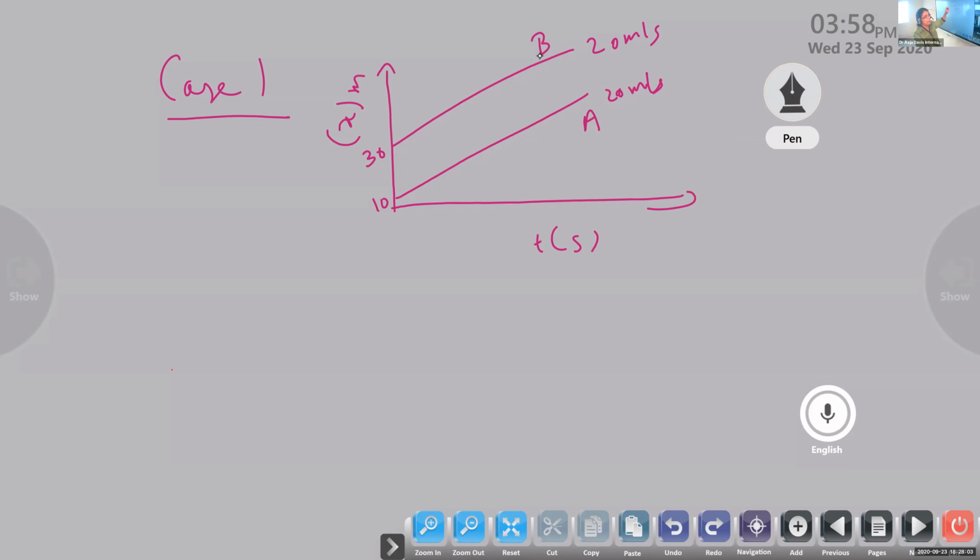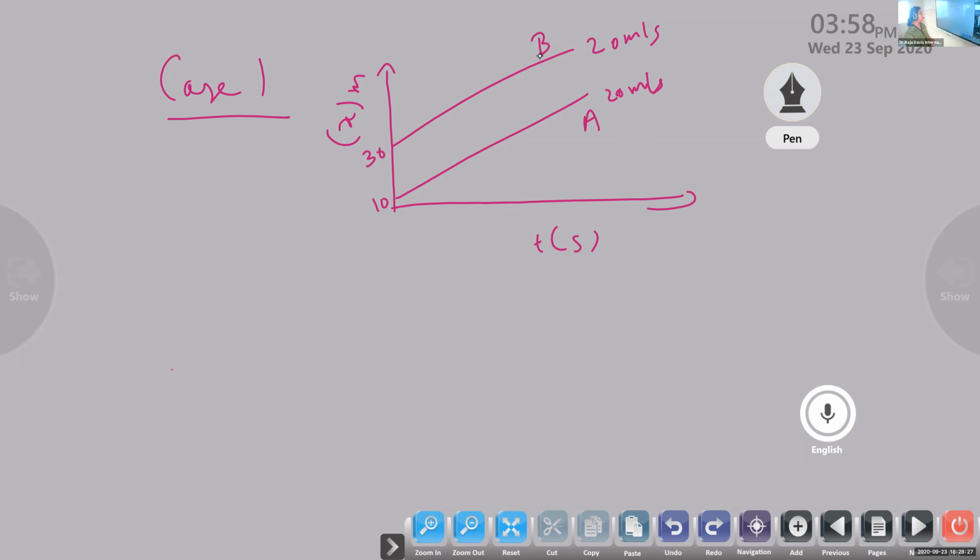So the graph will be a position-time graph, not a velocity-time graph. In this case, we are thinking about both velocities. It has started at 10, the other must have started at 30, that means it must have started late, and this started at an early stage.